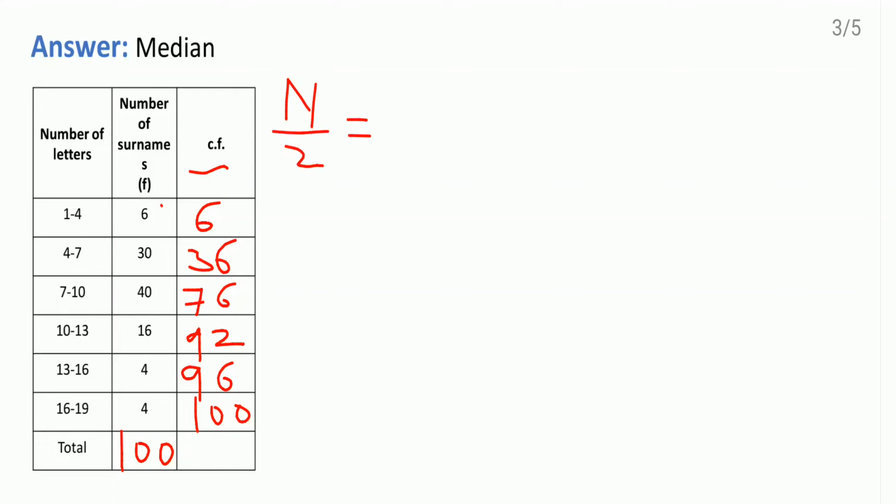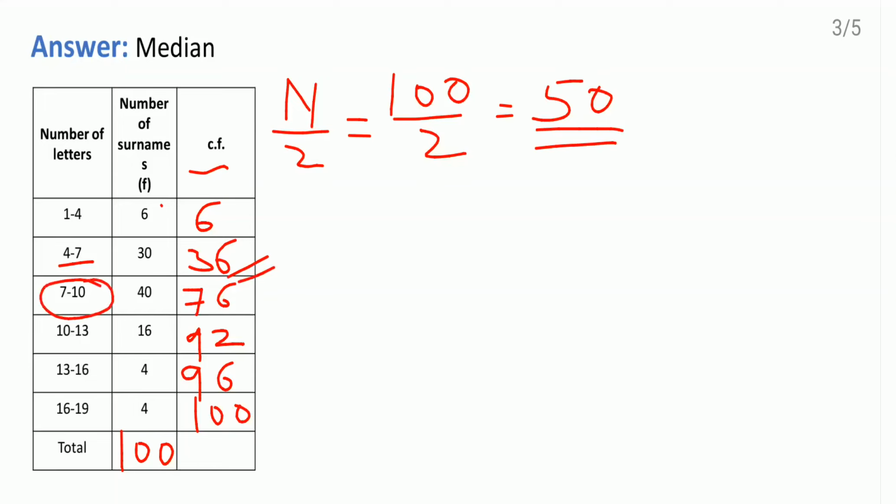I'll write down N by 2, which is 100 by 2, which comes as 50. Now 50th number surname comes in which class interval, that I need to find out. In this class interval, till 36 surnames are there. In this class interval, till 76 surnames are there. It means that 37th surname will be in this class interval, and same way 37, 38 till 50th.